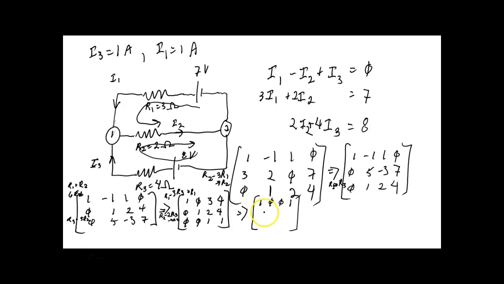Okay? So that will be 0, 1, 0, 2. 4 minus 2 is 2. And then we keep the bottom row 0, 0, 1, 1. So that tells us then that I2 is equal to 2 amps.